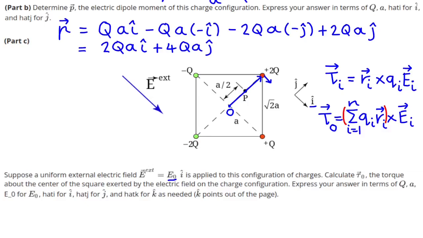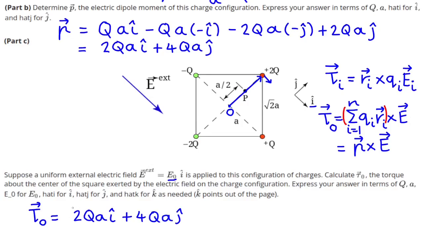So that sum is the net dipole moment about O. So we have P cross E. So therefore the net torque about O is the dipole moment, which is 2QA in the I direction plus 4QA in the J direction cross E, which is E0 in the I direction.